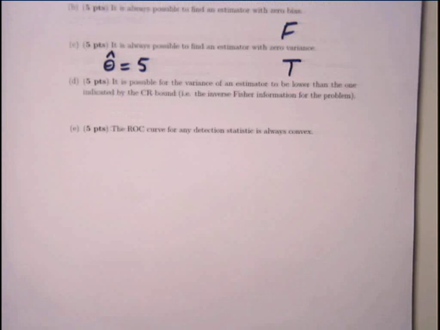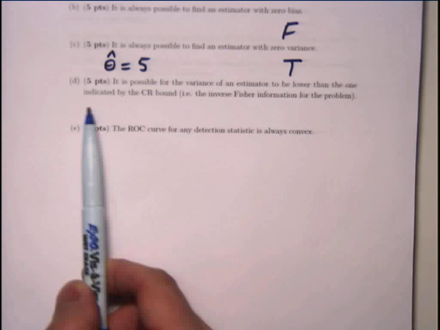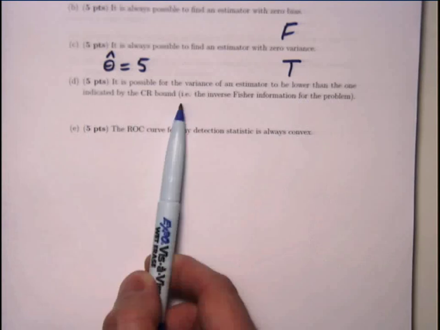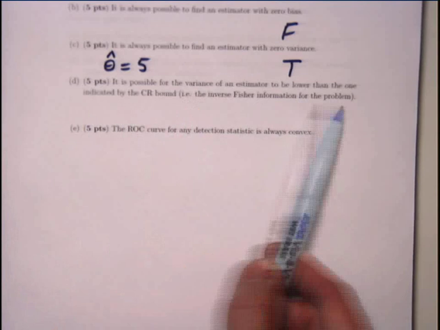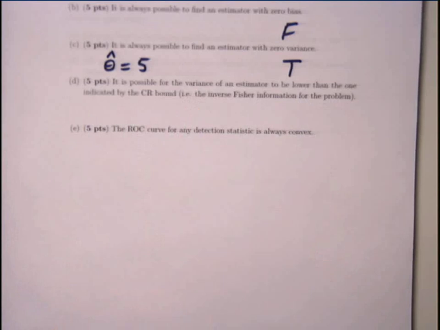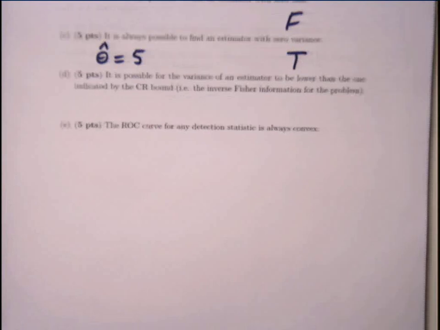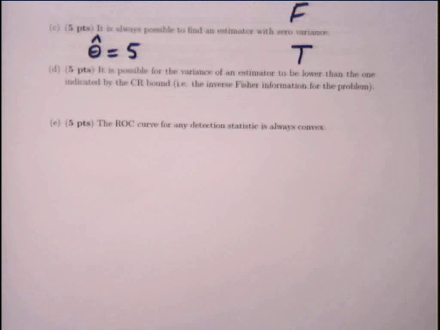Right, going to the next one. It is possible for the variance of an estimator to be lower than the one indicated by the Cramer-Rao bound. And I'm clarifying that means the inverse Fisher information matrix for the problem. There's no condition on bias. I haven't said anything about the bias, and that's the key to answering this question.